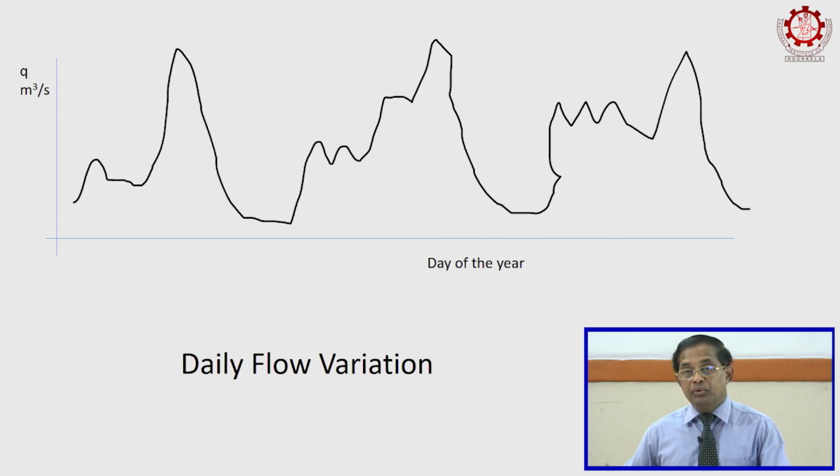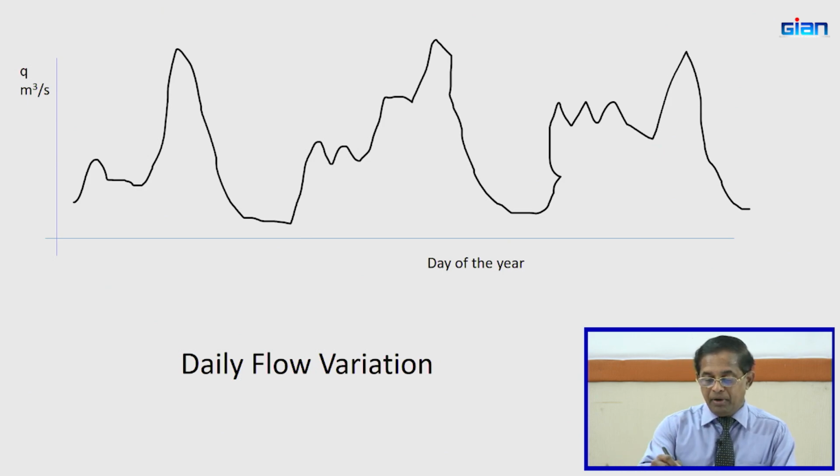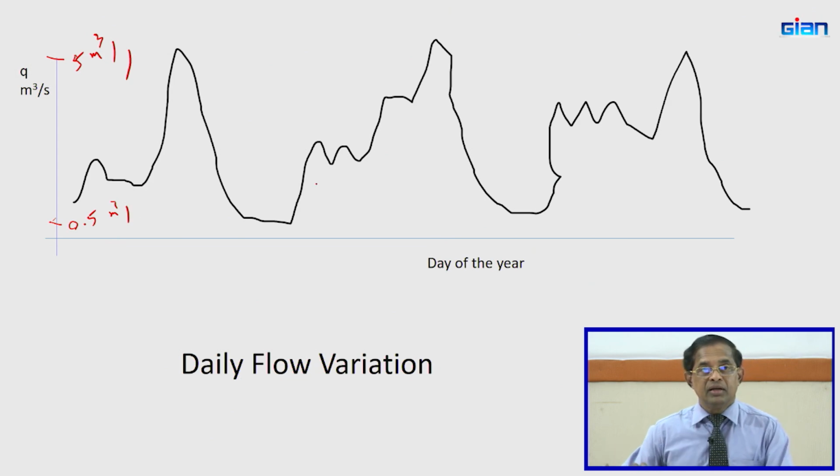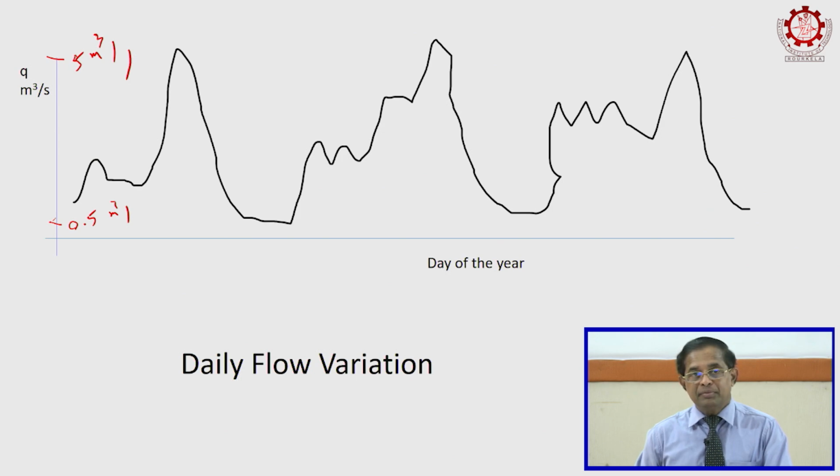Now, if you look at Q, it will be varying. Q is the water flow rate in the river, which can be diverted into our canal. You can see it can go up high, maybe 5 cubic meters per second, or it can be low, say 0.5 cubic meters per second, or in between. We can't expect the river to have constant flow, because it depends upon the upstream conditions in your catchment area.